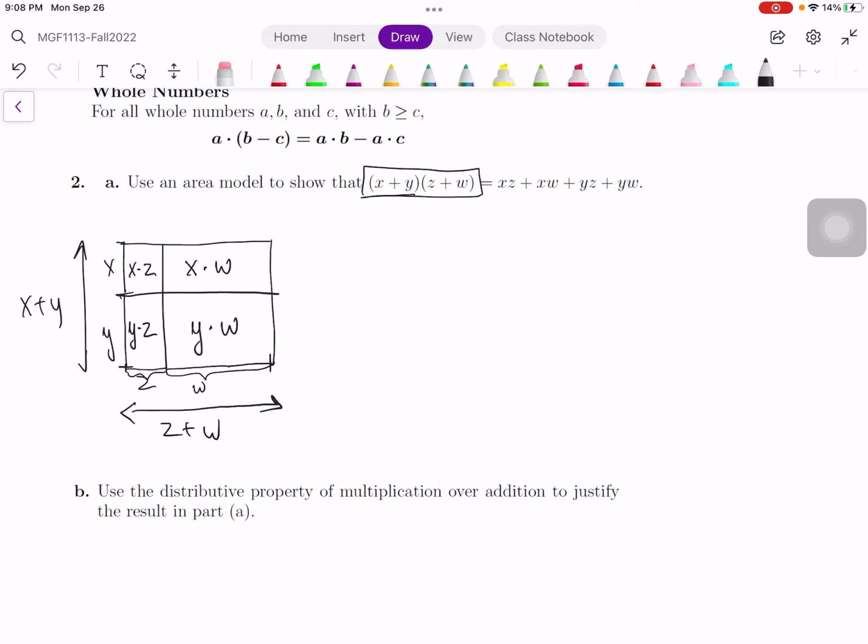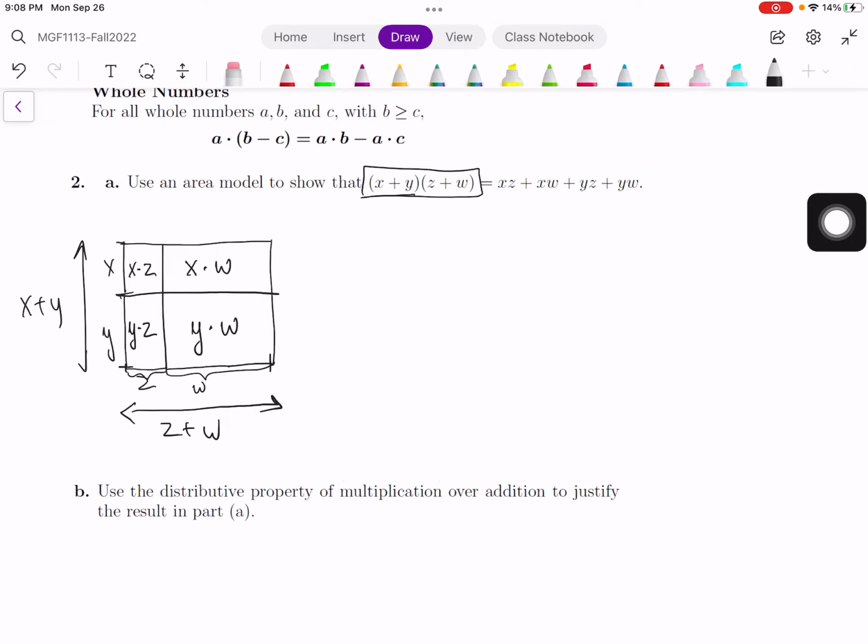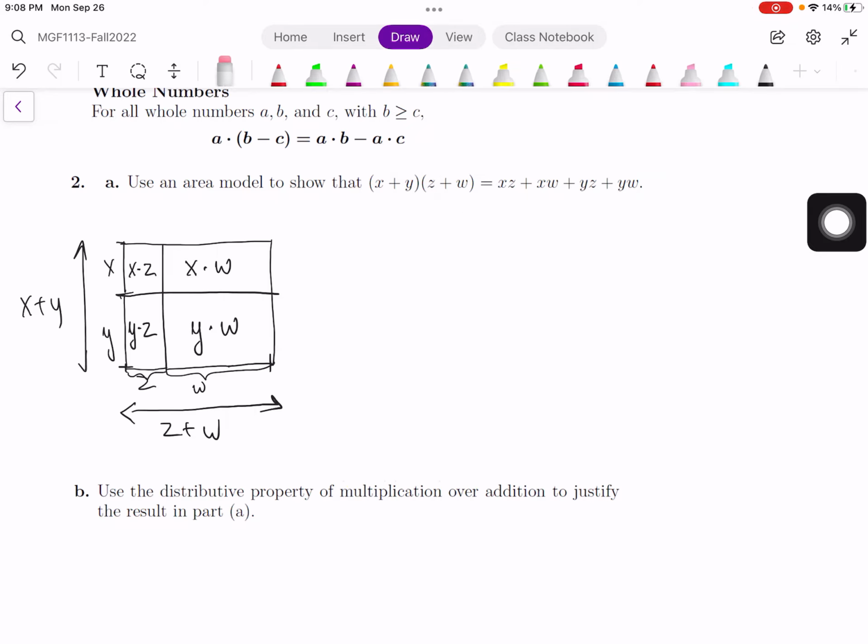Okay, so this shows that the area of the rectangle whose height is x plus y and the width is z plus w is the same as the sum of areas of those four rectangles, xz, xw, yz, and yw.